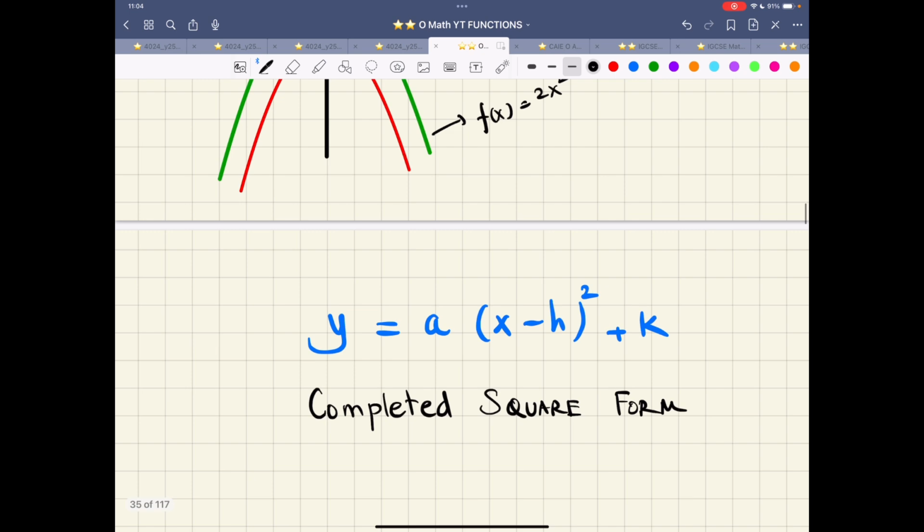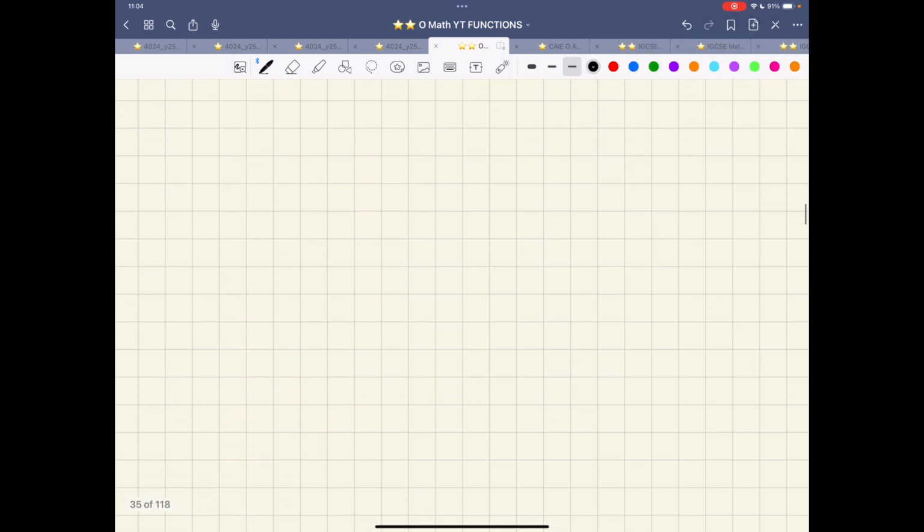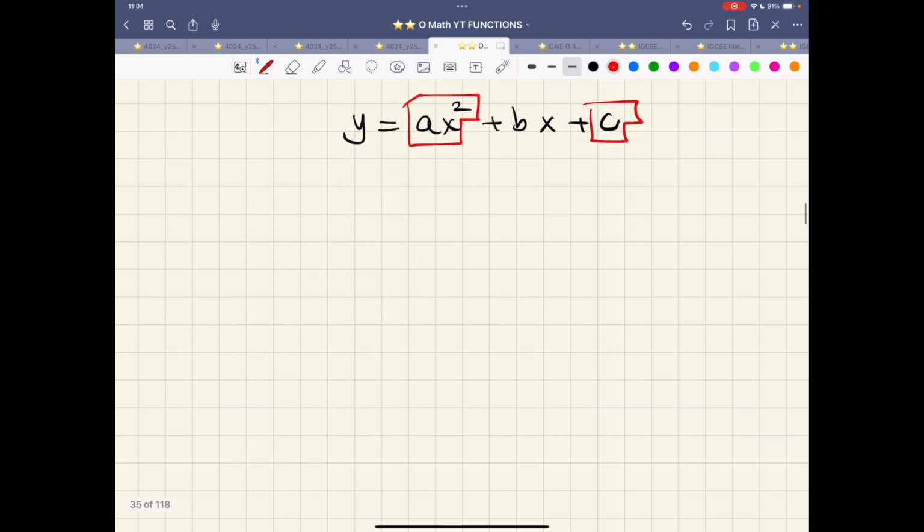So that was all about the basic idea. Let me recap what we have done so far. We were talking about y equals ax squared plus bx plus c. We were looking at questions in which there was an x term and a constant. We talked about steepening and flattening.